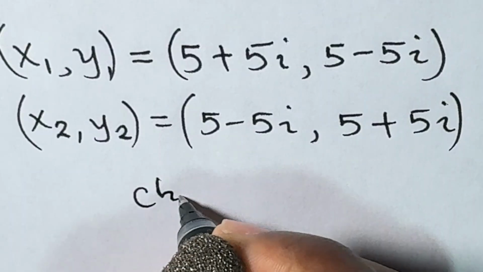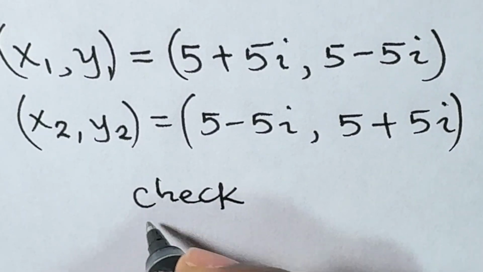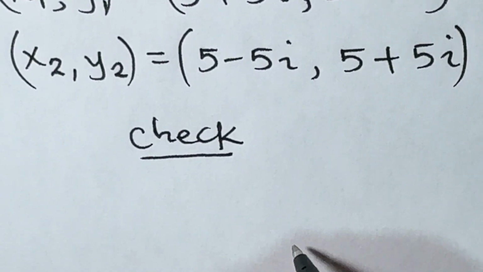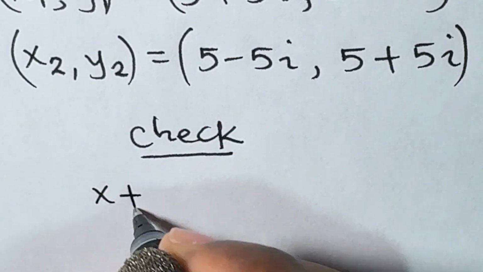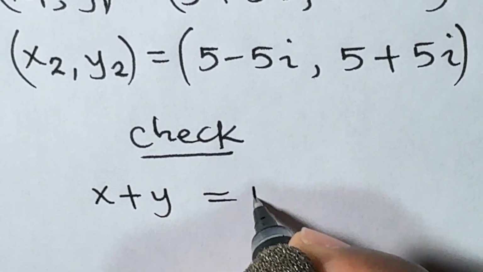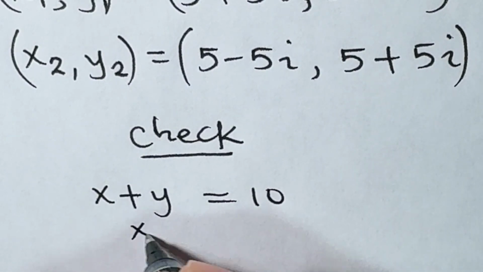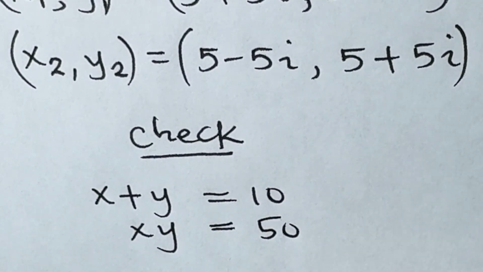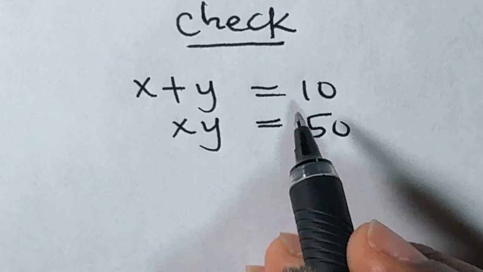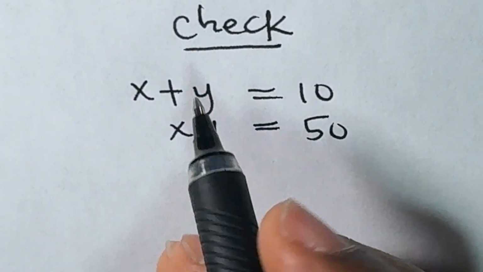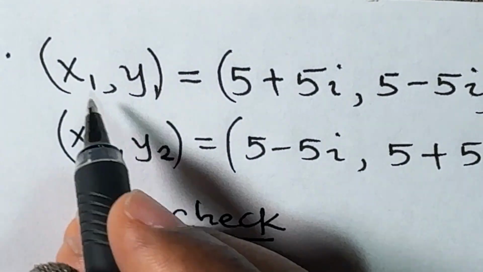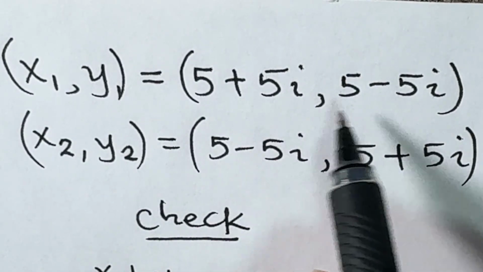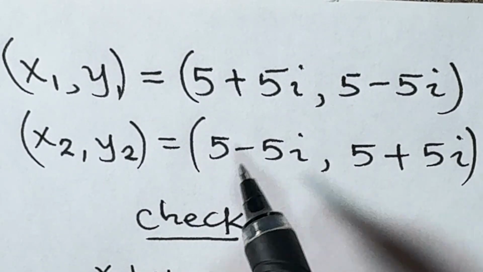We'll now quickly check to confirm that these are correct. Remember, the equations were x plus y is equal to 10 and xy is equal to 50. Let's test for the first one. We'll use x1, y1 for the first check. Whichever one we use, they are symmetrical, so either one can be used to check.